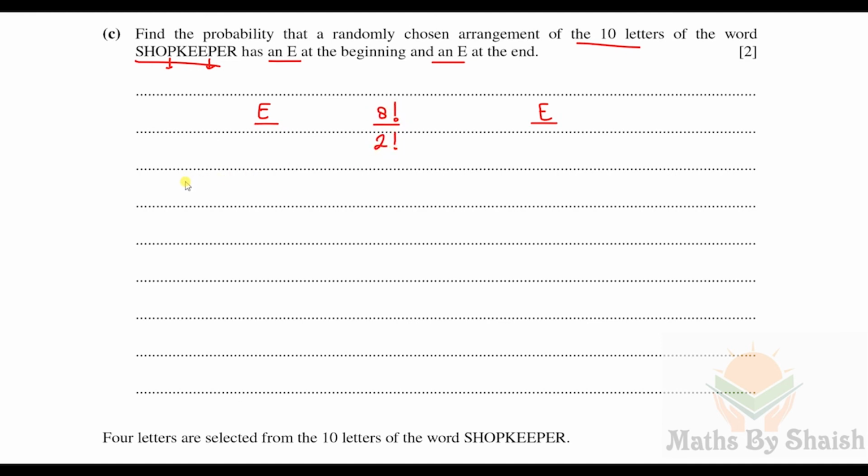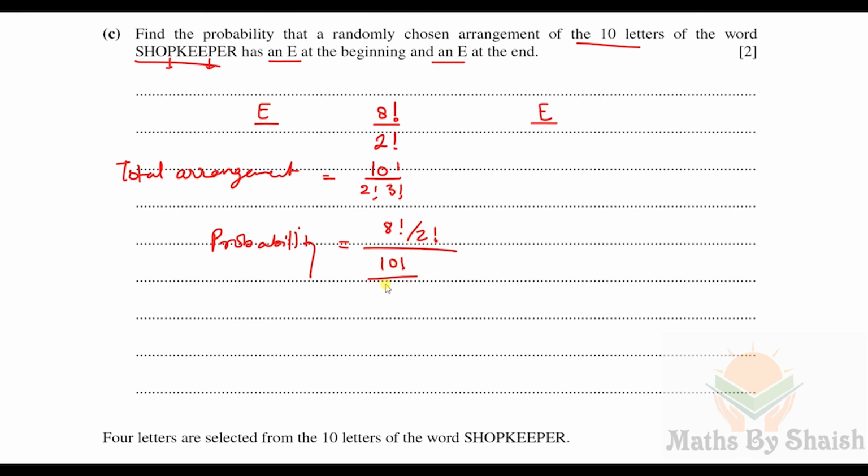And total arrangements would be, of course, 10 factorial upon 2 factorial 3 factorial. So the required probability is 8 factorial upon 2 factorial, whole divided by 10 factorial upon 2 factorial 3 factorial.